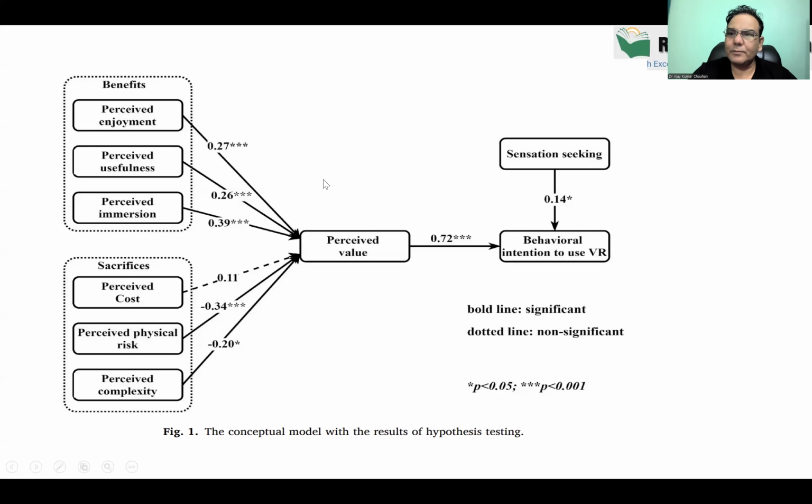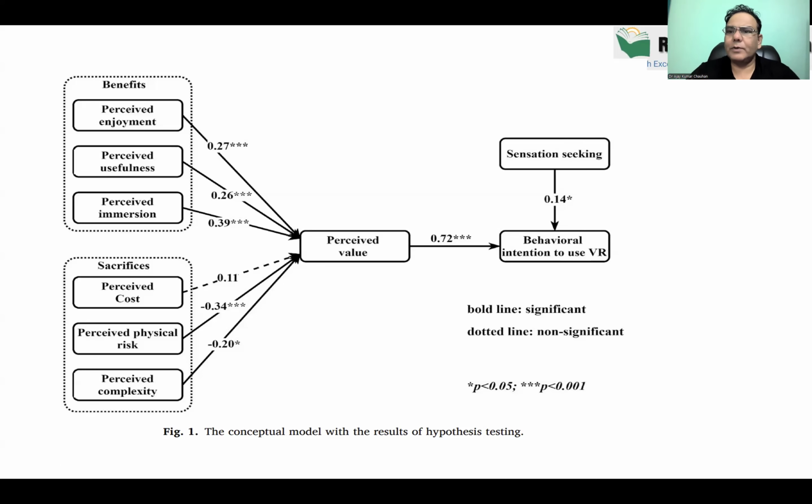So this model is based on this premise. How much benefit you are getting and how much you are paying, on the basis of that, your perceived value is calculated, and perceived value leads to intention to use technology. And this is a new model, a new factor you can add in theory.